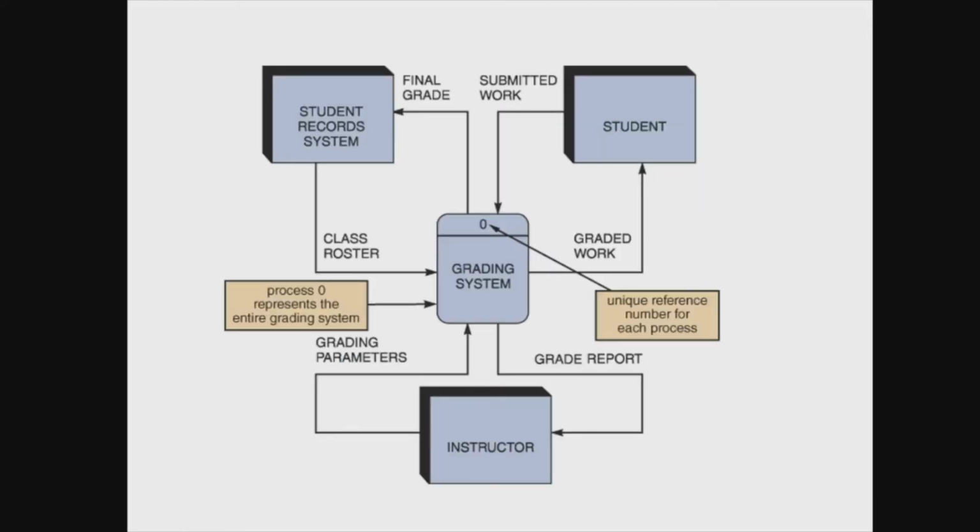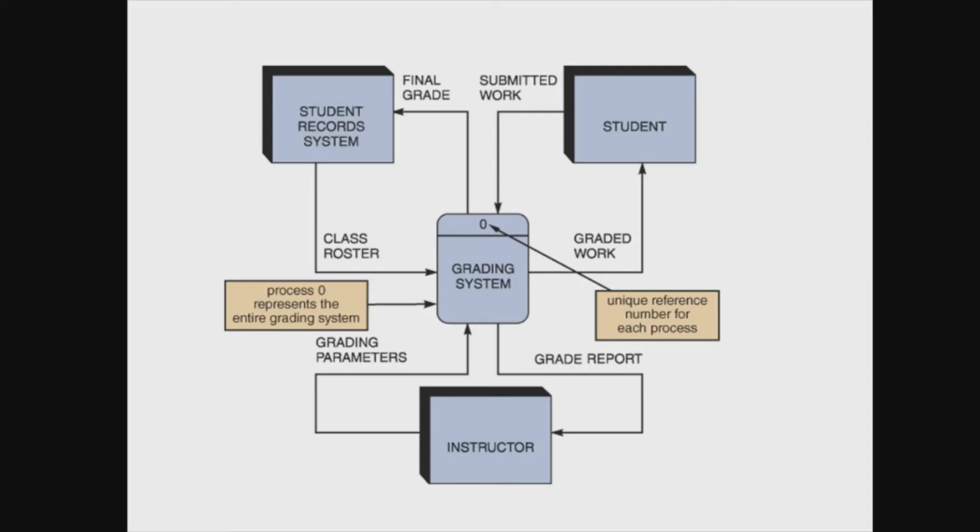Another example here is a grading system. So refer to your grading system as 0. The unique reference number for your grading system process is 0. So process 0 represents the entire grading system. This one is just the general part, and then you identify the users of the grading system.